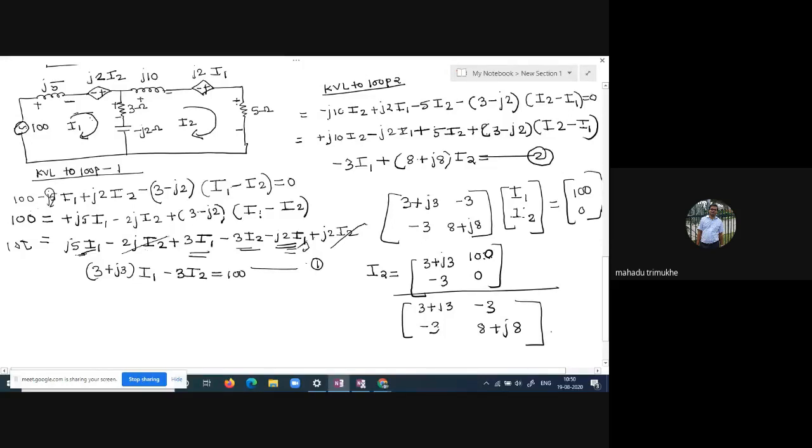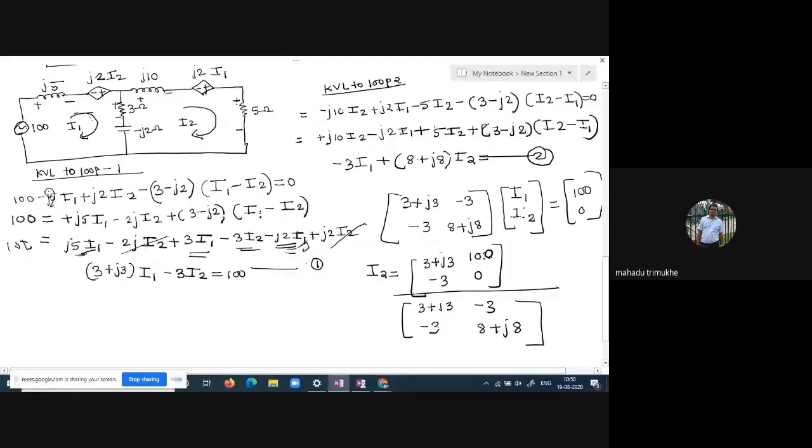So you have to solve this by Cramer's rule. So here, is minus 1.13 minus 6.03j, answer I2.